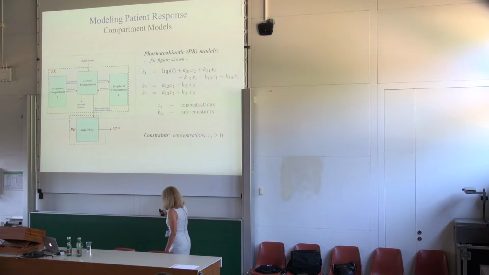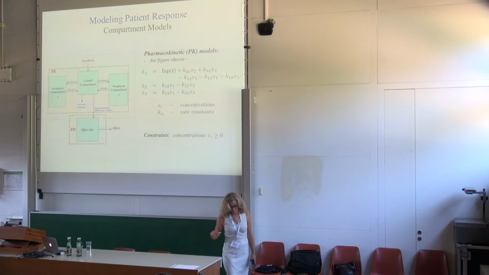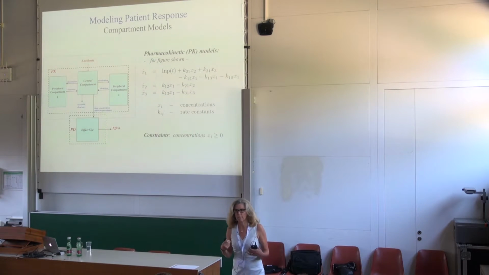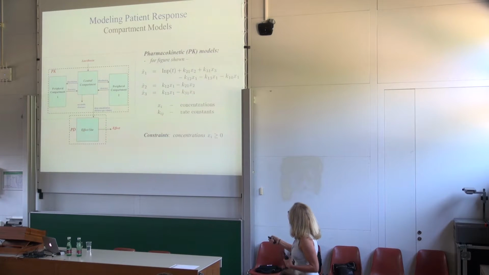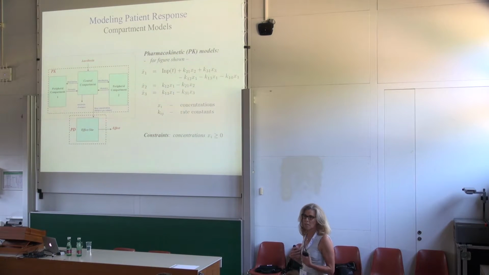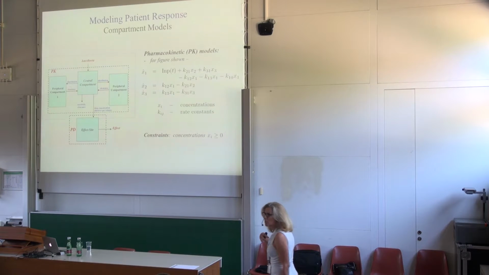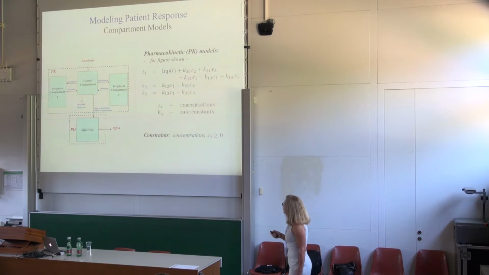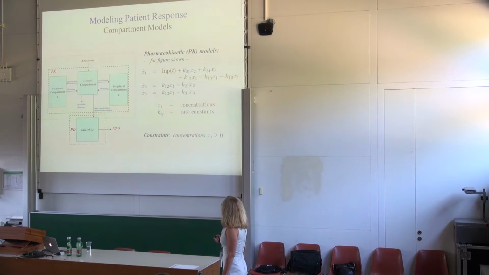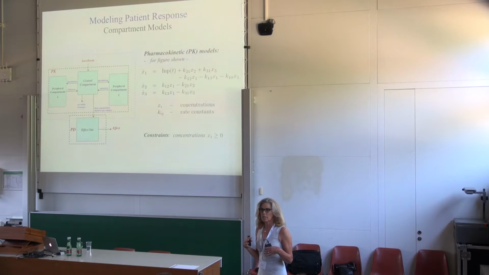Here, the central compartment is the main space where the drug is input. If we're talking about, for example, inhalational anesthetics, that would be the lung volume. If we're talking about intravenous drugs, that would be the intravascular volume, so the blood volume. And then these peripheral compartments are meant to represent groupings of organs and tissues in descending blood flow order.